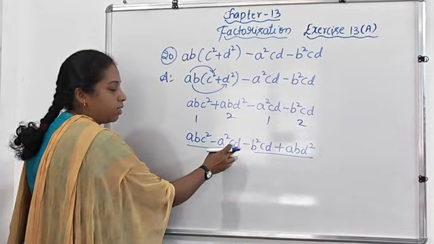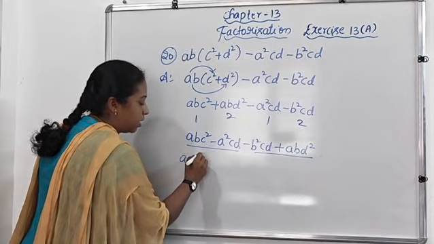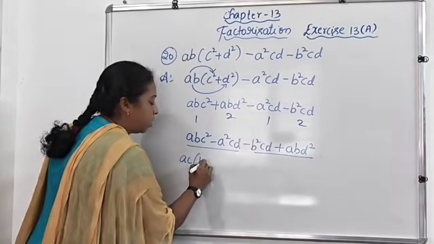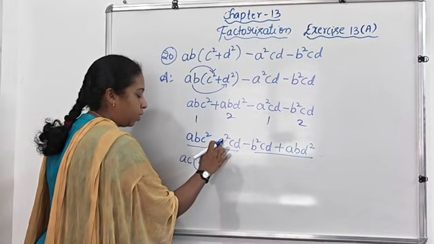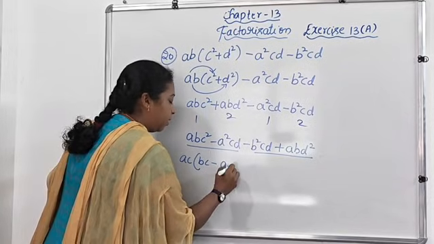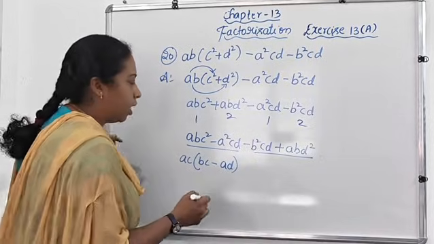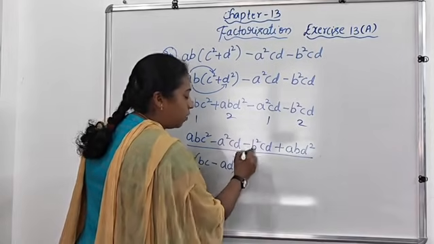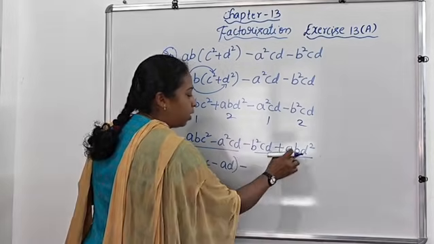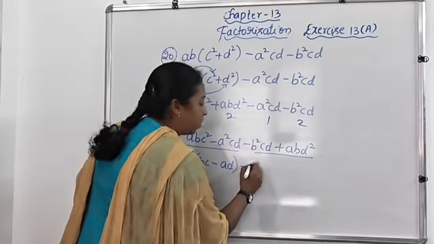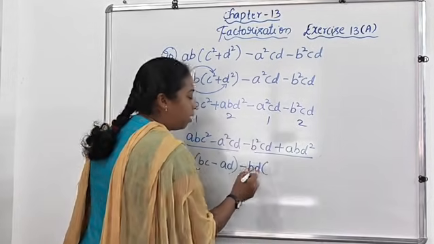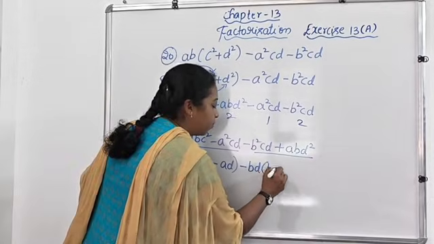Here ac is a common, so I have taken ac as a common. Remaining is bc minus ad. bc minus ad. Then as it is minus, we have to write, and here bd are the common. If we take bd as a common, then remaining is bc.